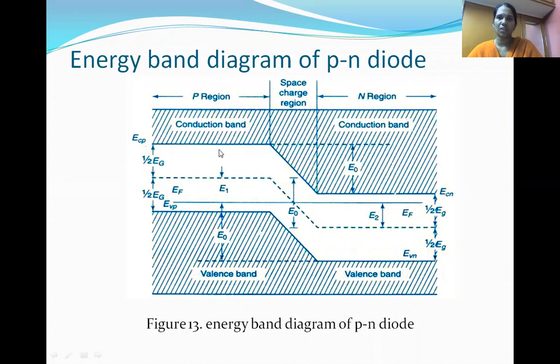When you join these two, they are going to undergo a relative shift. Now, to equalize the Fermi level of P region and N region, the Fermi levels will undergo a shift. This is nothing but equalization of water levels in two containers.